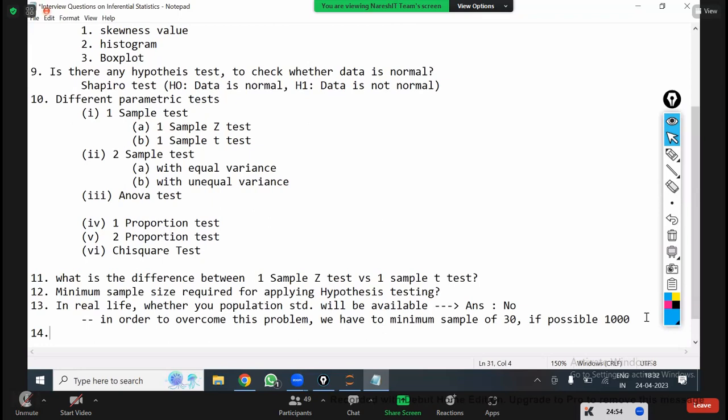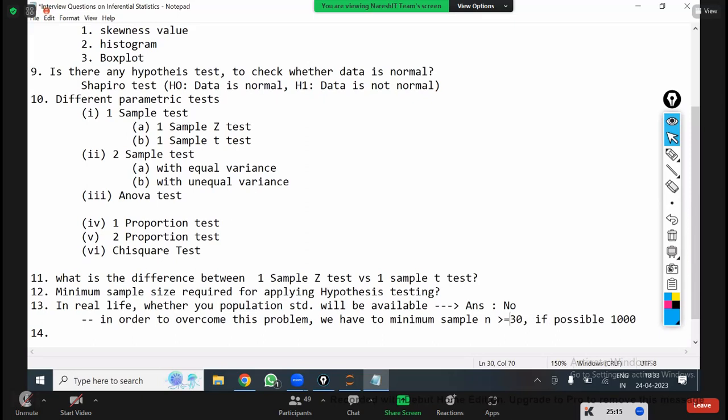Rejection on the right side, right tail test. Rejection on both sides, two tail test. Which rejection? Rejection of the null hypothesis, not the alternate hypothesis. That is considered the test, with respect to left tail, right tail, and two tail.